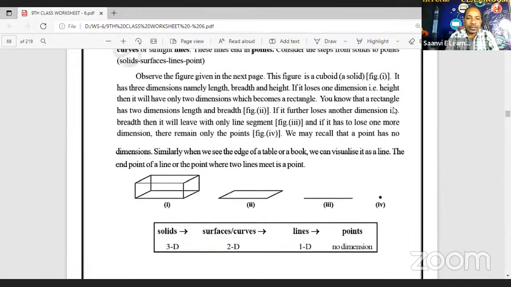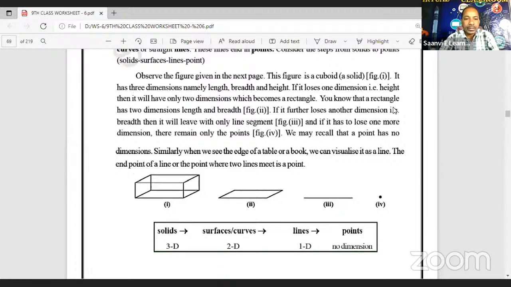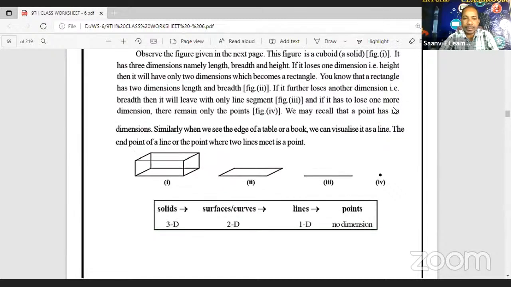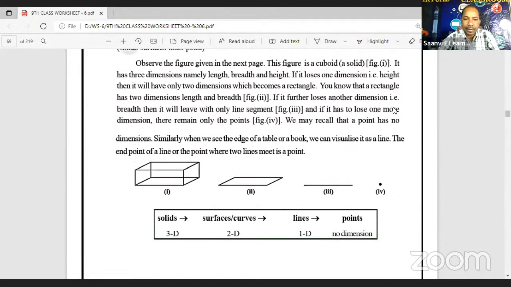If we observe these figures, this first figure is a 3D figure. It is a cuboid, isn't it? The first figure is a cuboid. We all know that a cuboid has 3 dimensions: length, breadth, height.